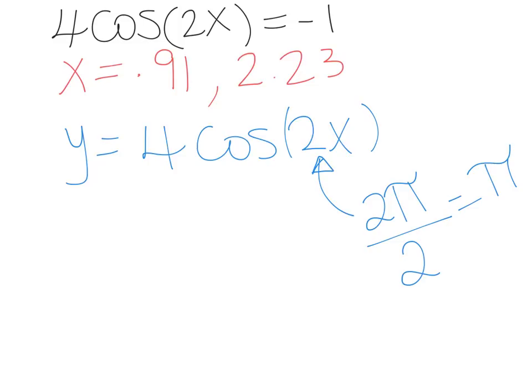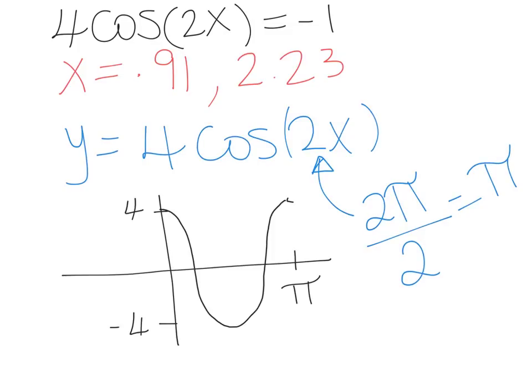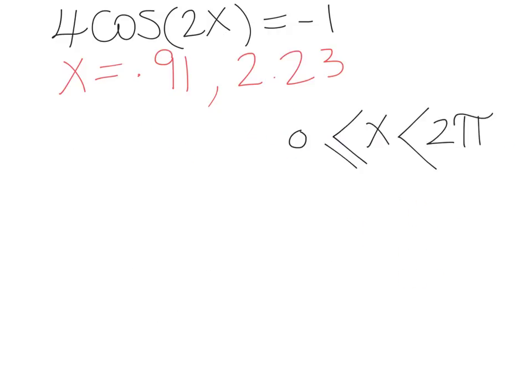If I sketch a quick graph for this, I will see that the one period stops at pi. So if the question asks me to find x between 0 and 2 pi, because the period changed, what I really did is find the answers just between 0 and pi.